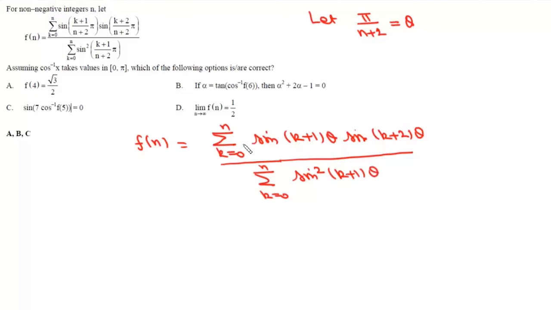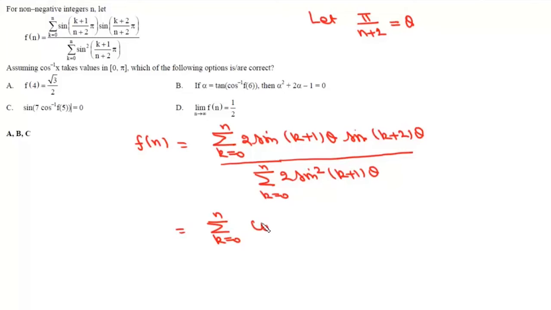(k plus 1) theta. Now we'll multiply and divide it with 2. Now this is 2 sin A sin B, and we know that 2 sin A sin B is cos(A minus B) minus cos(A plus B). So it will be this summation, k varies from 0 to n, and cos(A minus B). So it will be (k plus 2) theta minus (k plus 1) theta.